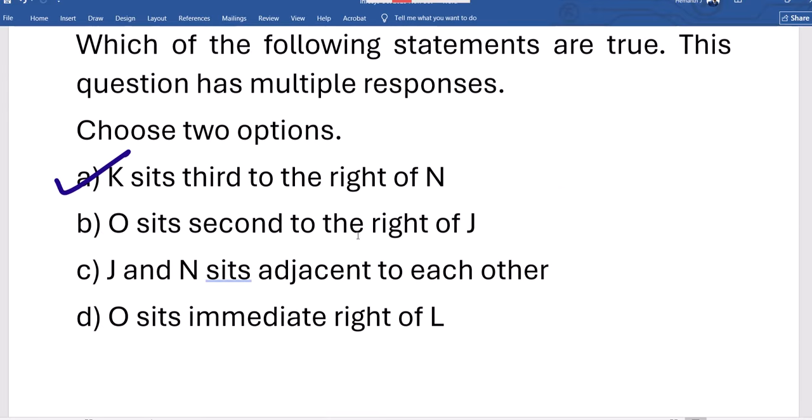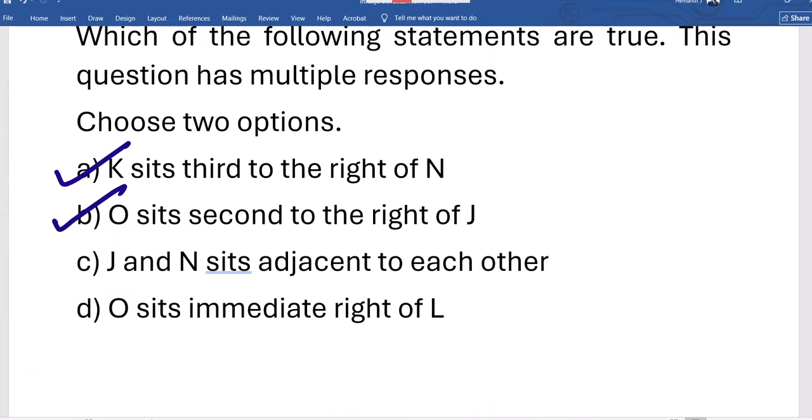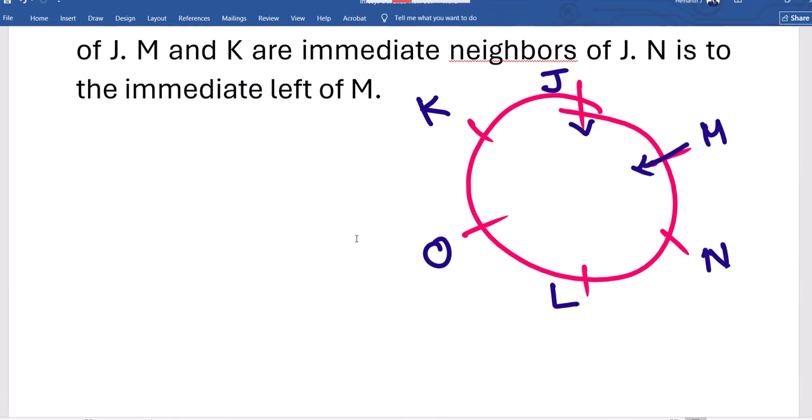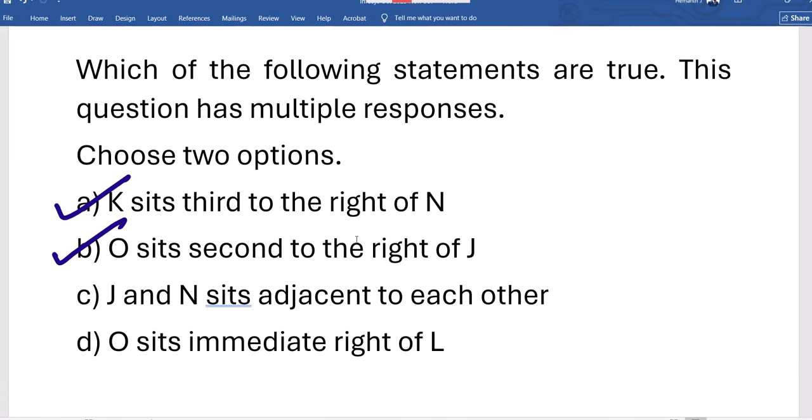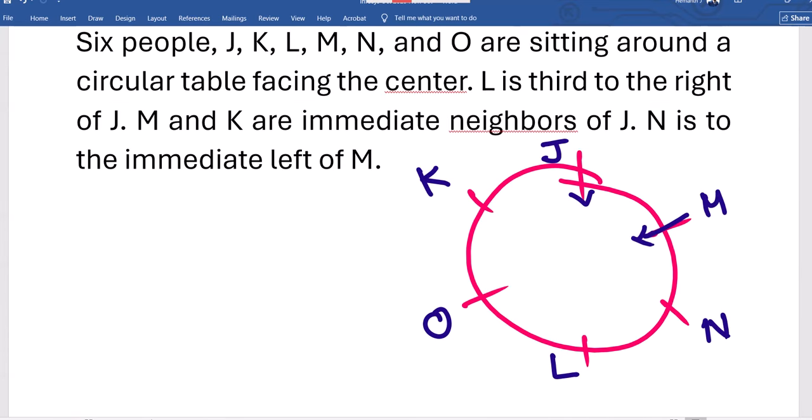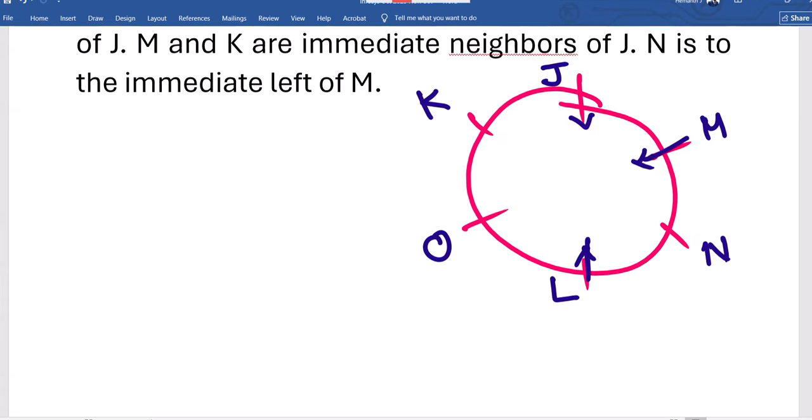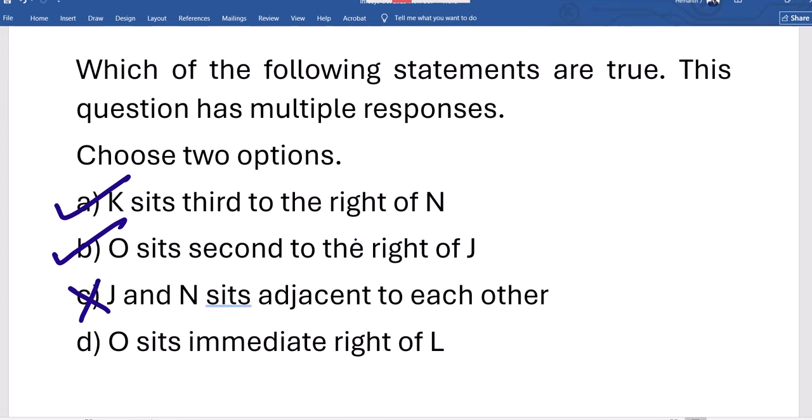B is correct. Then J and N sit adjacent to each other. No, out. Then O sits immediate right of L. The immediate right of L is N, not O. So wrong. So A and B are correct. Two answers, A and B.